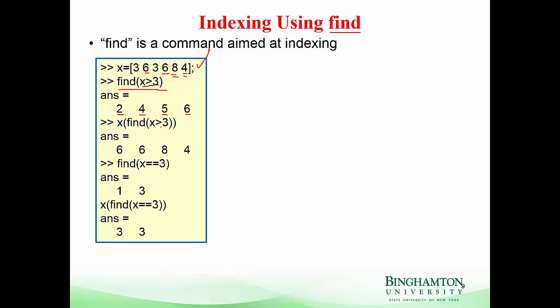Okay, now if I want the values that satisfy that, not the pointers to them, but the actual values, I can use indexing. So remember, find itself creates indices. Now shove those created indices inside parentheses to index x, and you don't get the pointers to the values that satisfy, you get the values themselves.